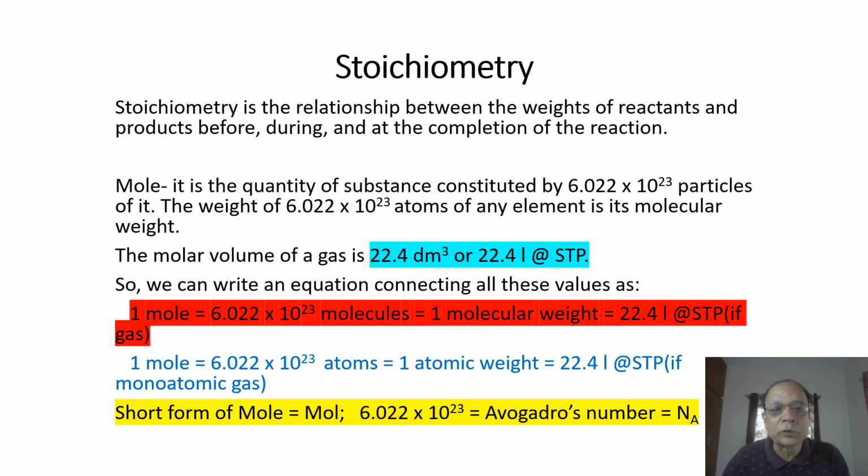The weight of 6.022 into 10 to the power 23 atoms of any element is its atomic weight. If it is molecules, it is molecular weight.